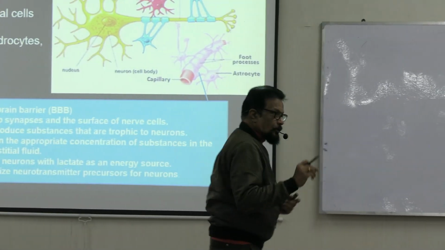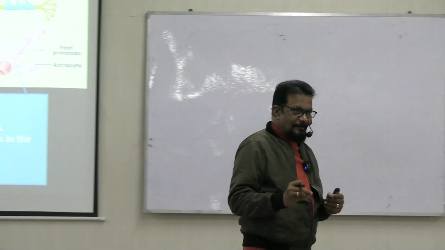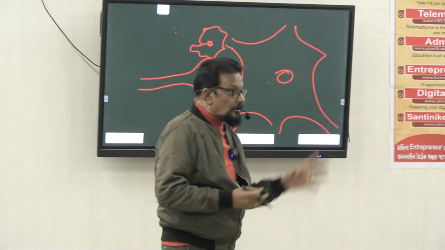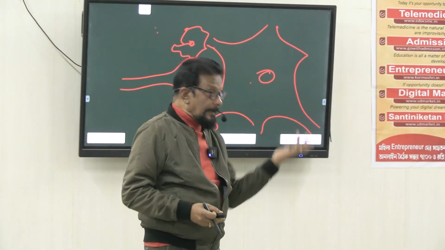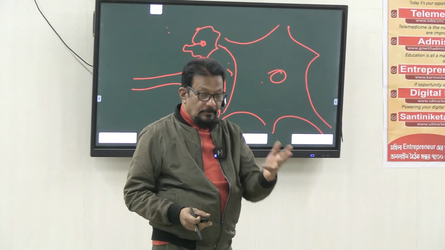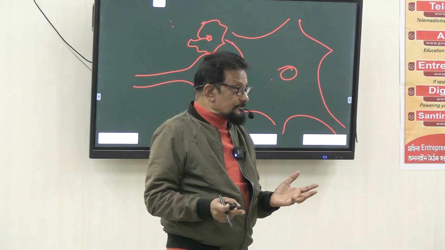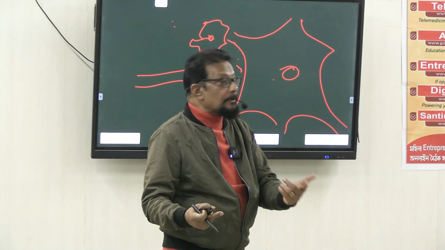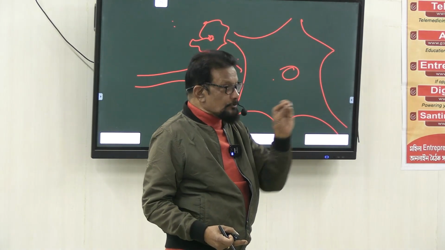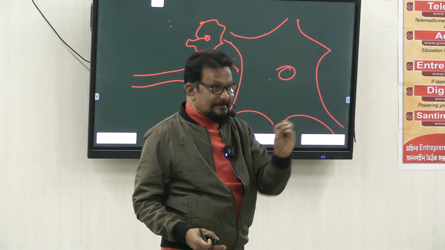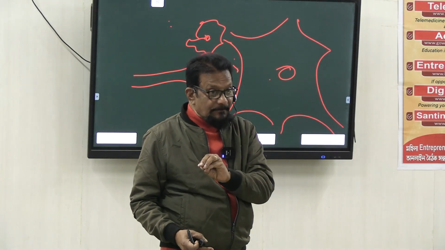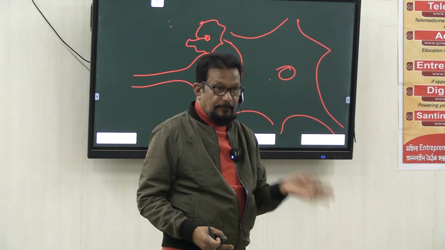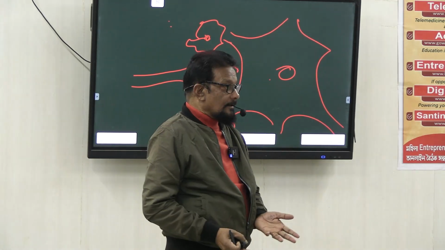These neuroglia produce some proteins, and these proteins are important for the development of the neurons, for maintenance of the neurons, for survival of the neurons. So these proteins are essential for the neurons for their growth, maintenance, and survival.